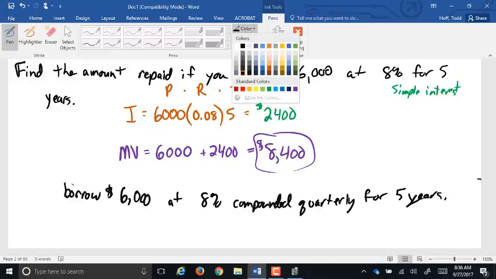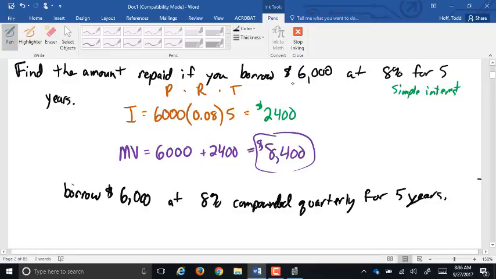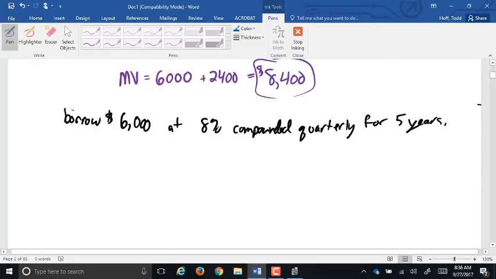So two things are going to happen here. One is the time is going to be adjusted when we calculate our amount of interest. We're not going to figure it for the full 5 years. We're going to figure it by the quarter.